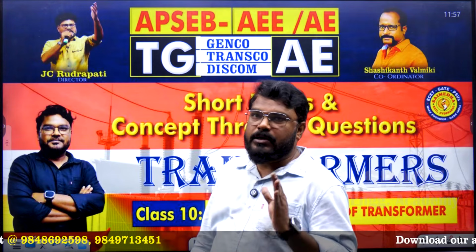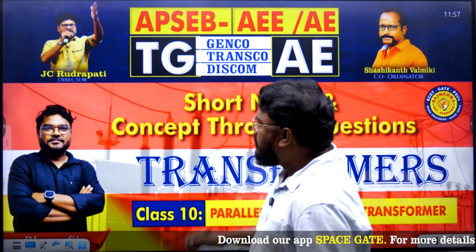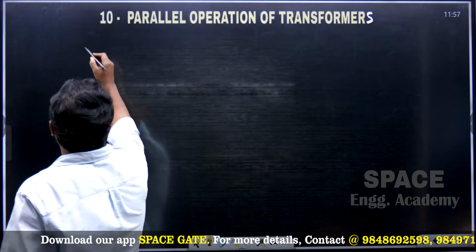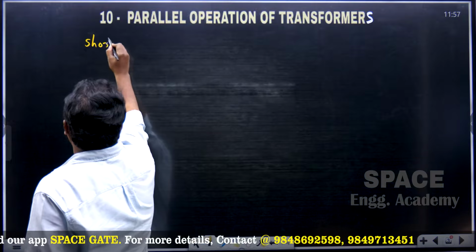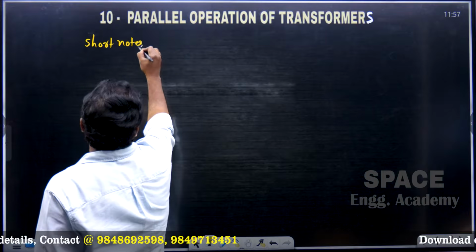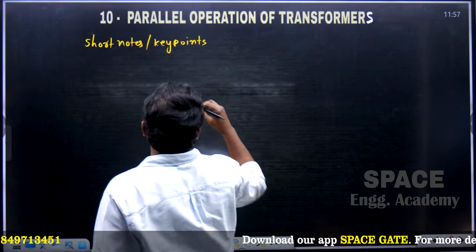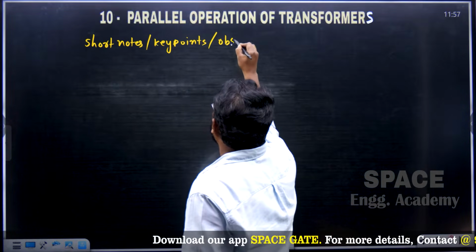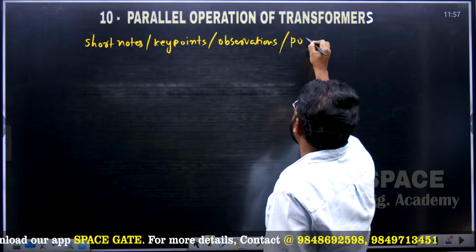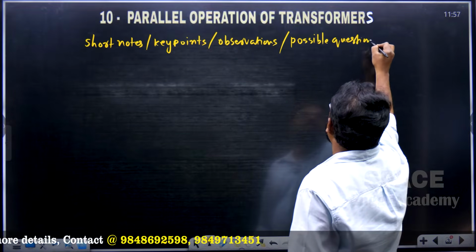So let us start with the short notes, and after that we will discuss some practice questions based on this topic. Short notes from the parallel operation of the transformer are also called key points, observations, or possible questions from parallel operation of the transformers.